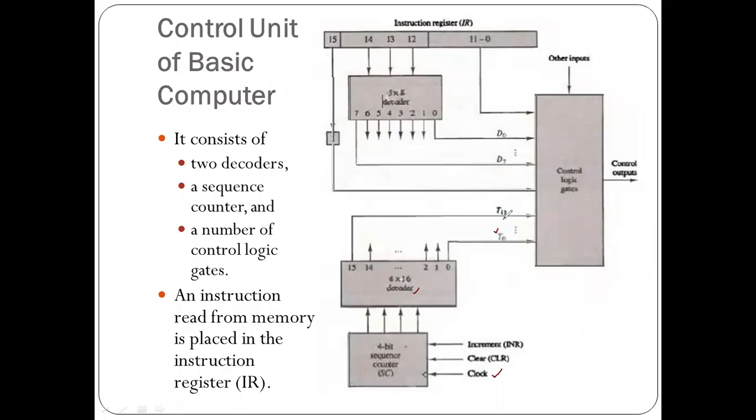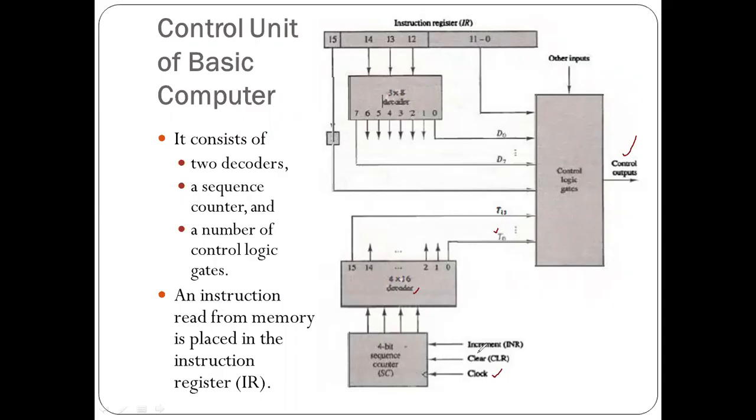For delayed instructions, it may extend. So it facilitates 16 time states, and these time states and the other inputs are given to the control logic gates to generate the required control inputs. This is a simple control unit organized in hardwired form in a basic computer.